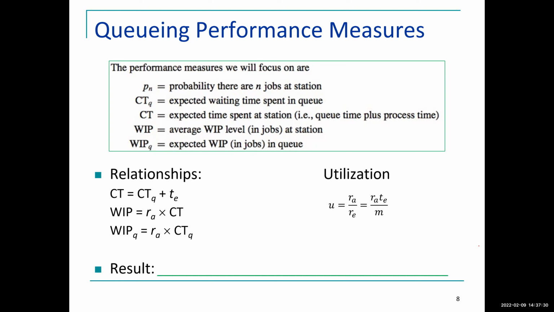CTQ is the cycle time in the queue, and TE is the effective processing time. Work in process, WIP equals RA, the arrival rate, times cycle time, which is this cycle time. And work in process in the queue equals RA times CTQ.